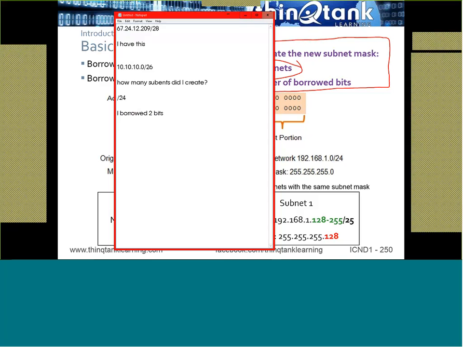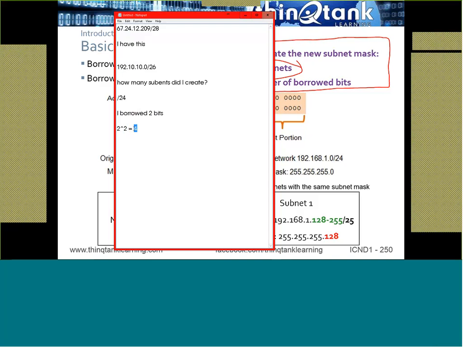I would have borrowed 18 bits instead, but I didn't want to have to deal with 18 bits. And yes, we created 4 subnets by borrowing 2 bits, because 2 to the power of 2 equals 4. 2 is the number of bits that I borrowed. 4 is the number of subnets that I created.